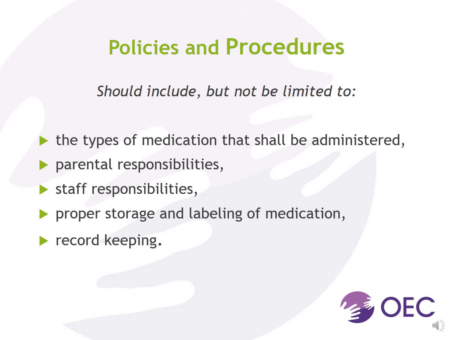These policies and procedures shall be maintained on site at the child care program so that they are readily available to program staff and also licensing staff during site inspections. Child care centers and group child care homes may wish to use their health consultant for assistance in developing these policies and procedures. Once developed, programs are then required to follow these policies and procedures.